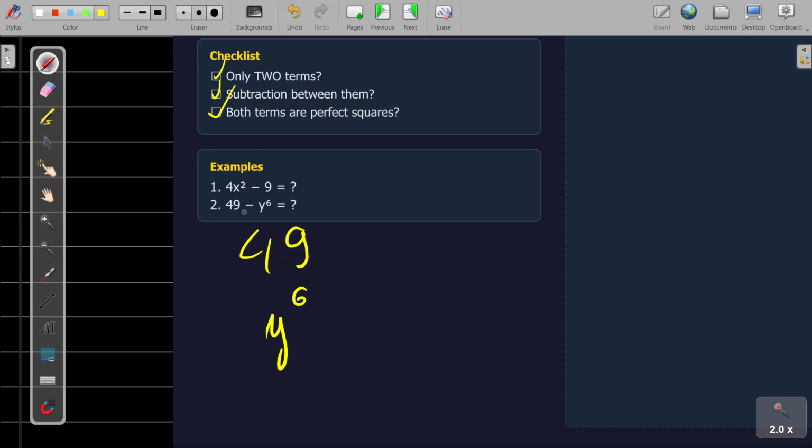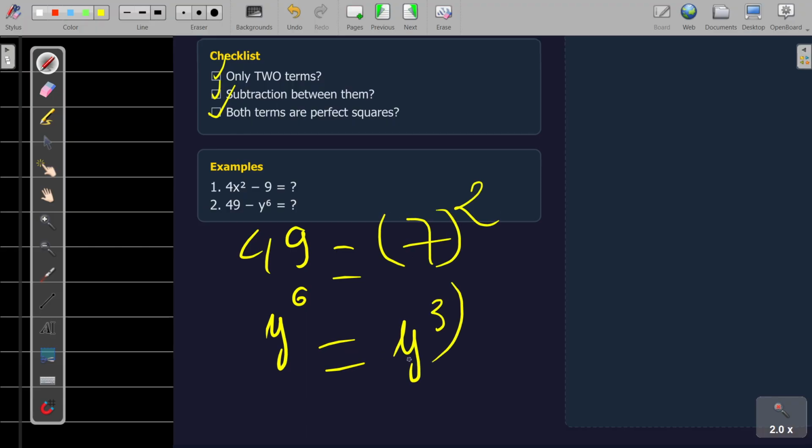The subtraction does exist. There you go. And both terms are perfect squares. We have to look. 49 is 7 squared. And y to the power of 6 is y cubed, all squared. If you don't remember this rule, please check the Year 8 video where we go through index laws. And so yes, this is a square.